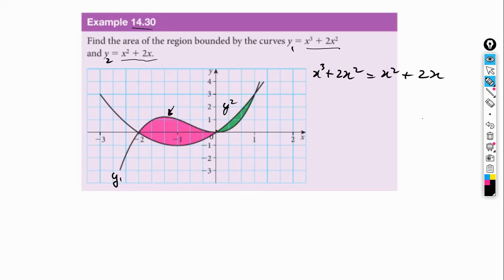And then from here, we're simply going to obtain x cubed plus x squared minus 2x, equal it to 0 and solve. And we're going to get x times x squared plus x minus 2 equals 0. And then we can just factor this out. And we're going to get x times x plus 2 times x minus 1.